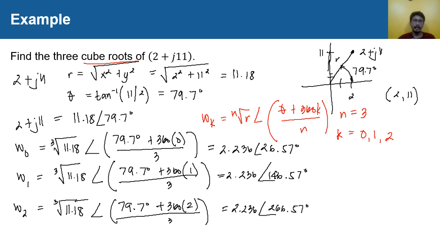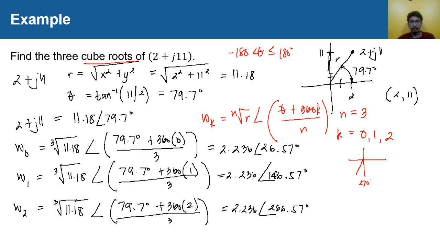Again, take note that the principal value of the argument is from negative 180 degrees up to 180 degrees. If we plot this on your Argand diagram, your 266.57 degrees is in the third quadrant, near your 270 degrees in here.